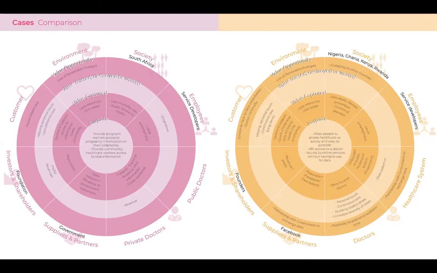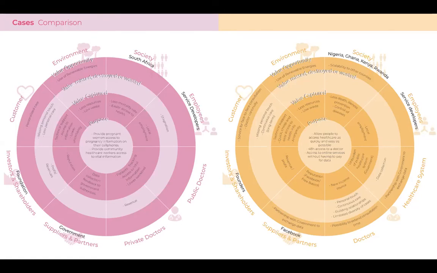By using this tool, we could analyze by focusing on the different sections the way they differ or the way they are similar to each other. Giving an example, the customers: we could analyze the difference between the customers of Mom Connect and the customers of Kangpe.